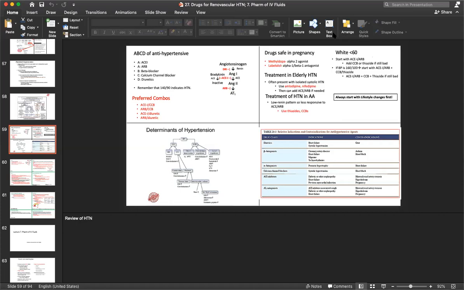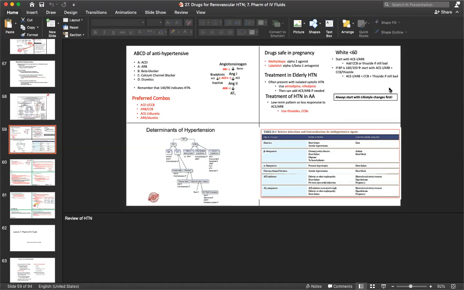If they are a white male or female less than 60, start with your ACE and ARB. If it's still bad, add a calcium channel blocker or thiazide. If the blood pressure already starts at 160 over 100 or higher, then go ahead and add the calcium channel blocker and thiazide.